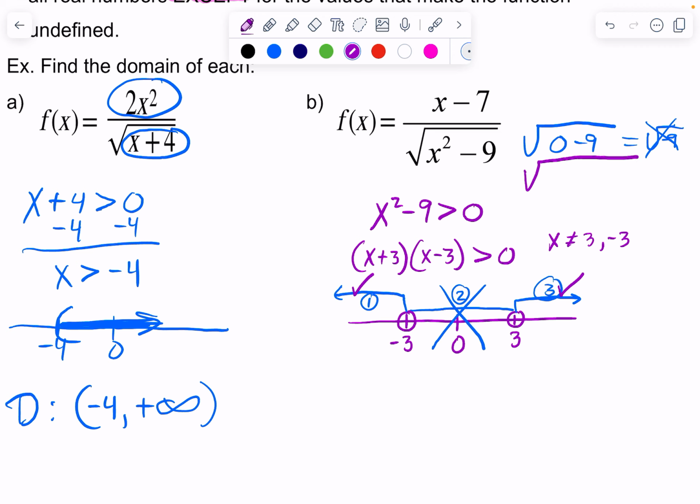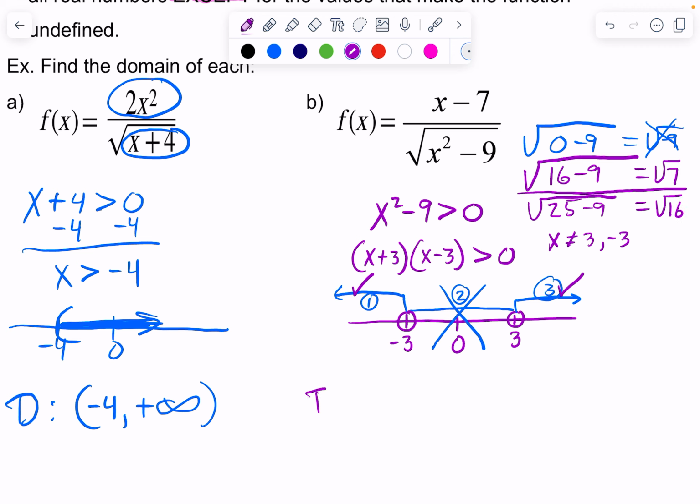Negative 4 squared is 16 minus 9, that's going to give me the square root of 7. That's a positive value. That works. On the right side, let's choose 5 for the x value. 5 squared is 25 minus 9. That's going to give me square root of 16, which again is positive, so that works.